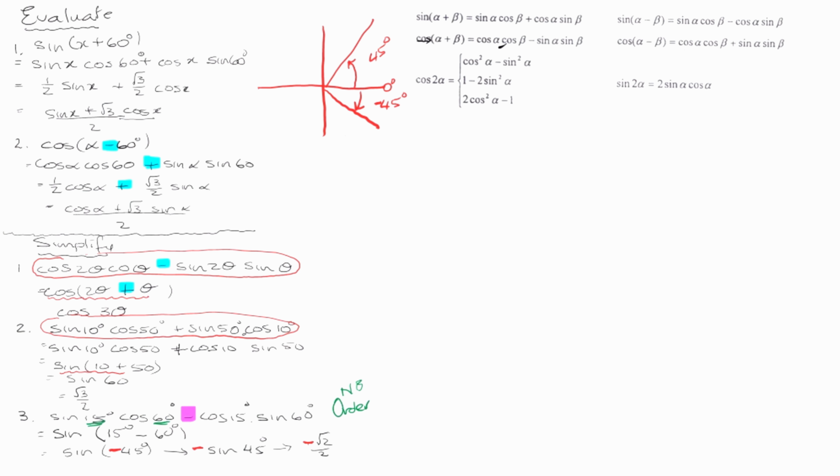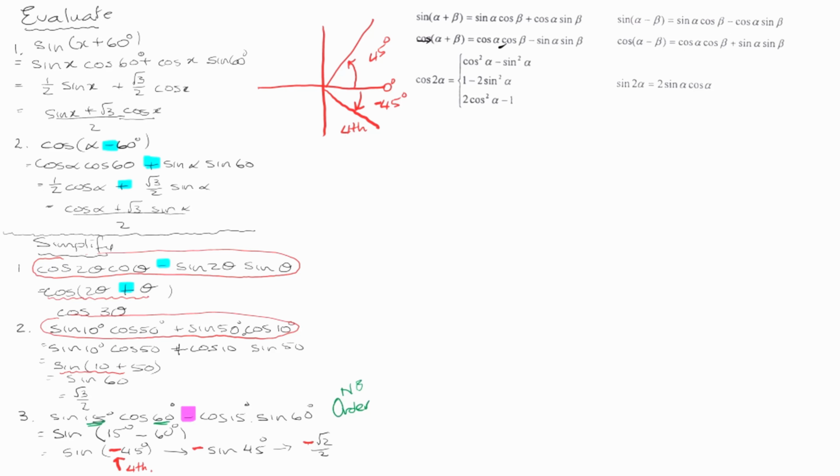Negative 45 lands us in the fourth quadrant. That is why this negative here is going to pick up a minus, because sine in the fourth is negative. Right, so let's squeeze in the fourth there.